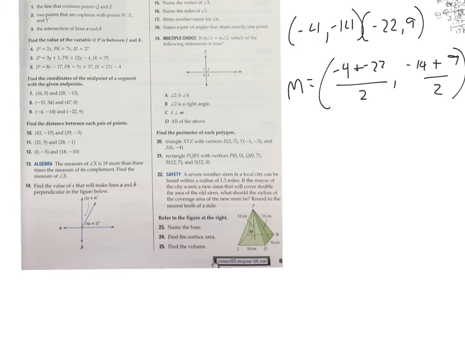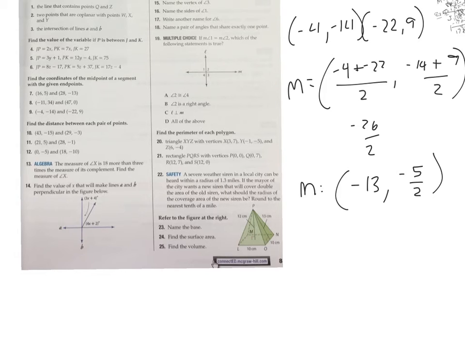So here I get negative 26 divided by 2, which happens to be negative 13. That would be my x value. And over here, I get negative 14 plus 9. That's negative 5. So that's negative 5 divided by 2, which is negative 5 halves. So just go ahead and leave it like that. So that would be the answer to number 9.